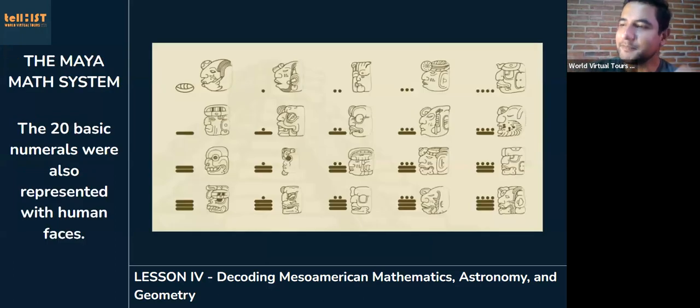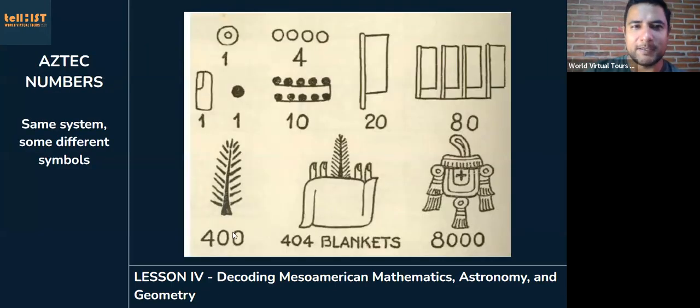For counting, not only for measuring the length, but for counting, they again use the Maya system, but creating their own symbols. The number one, yeah, could be a dot, but also can be a finger or this round thing that looks like a donut, okay? Again, the number four, it's 4 points together, and the number 10, it's two groups of five.